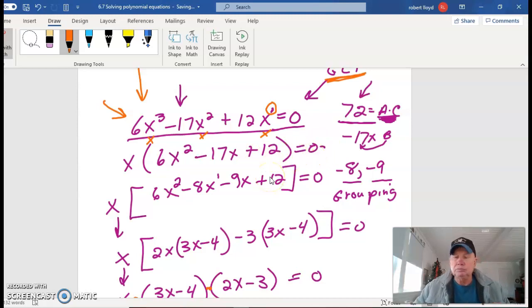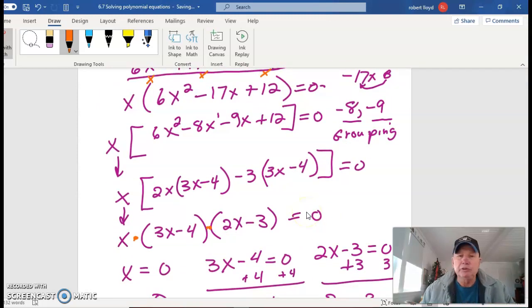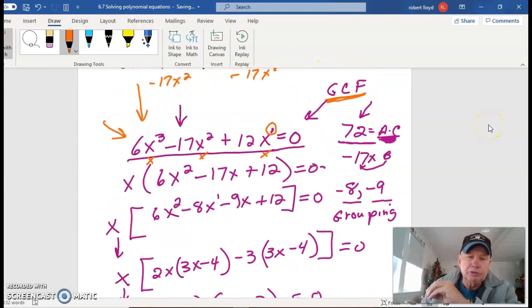So now we look to see if we can factor what's in parentheses. So we see that in the parentheses, we have a number in front of the x squared term, or a coefficient. So we're going to have to use the AC method. So the A is 6, the B is negative 17, and the C is 12.